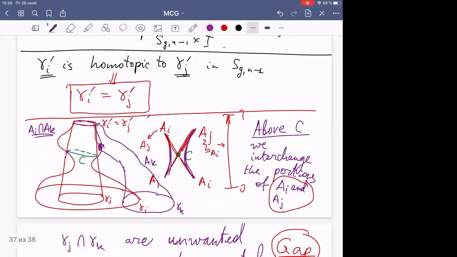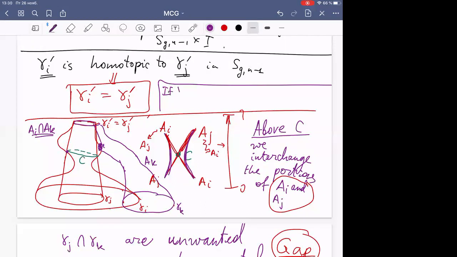If gamma I and gamma J are disjoint, then gamma I prime and gamma J prime are either disjoint or coincide. Yes, this is an important observation.